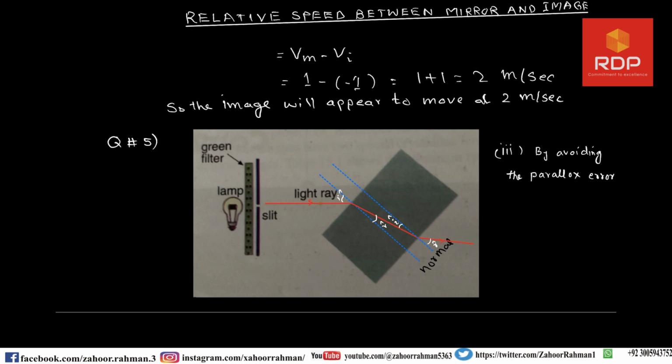They are saying that there is a green filter, which is this one, and that green filter is placed in the path of the light of the lamp, and there is a slit with a small aperture here.